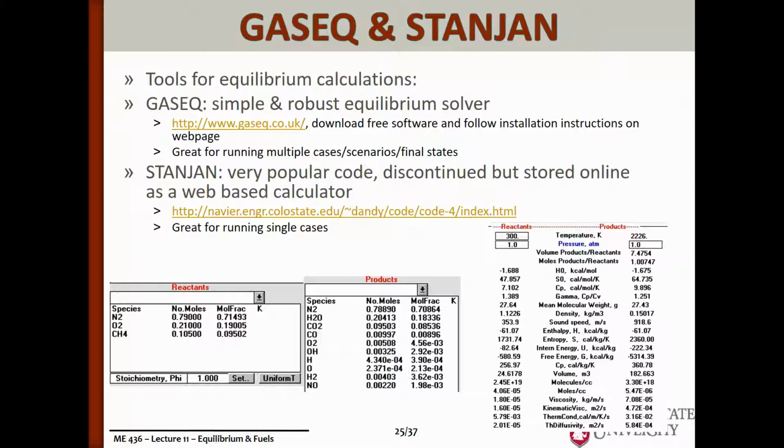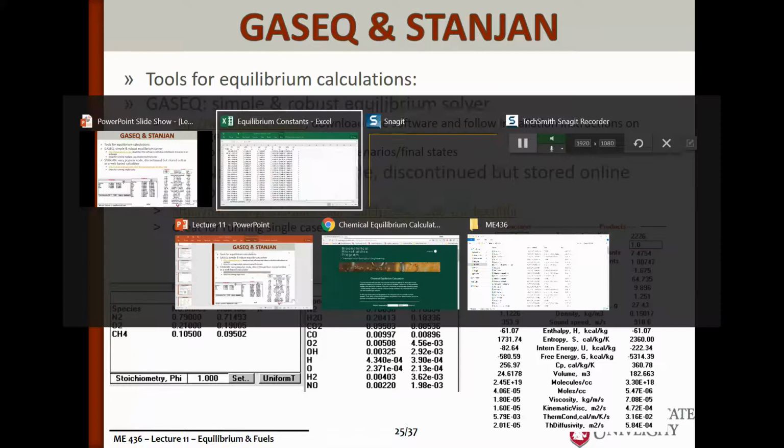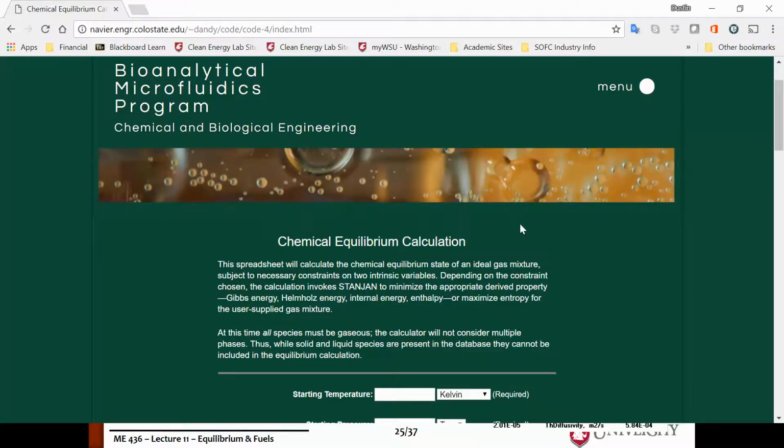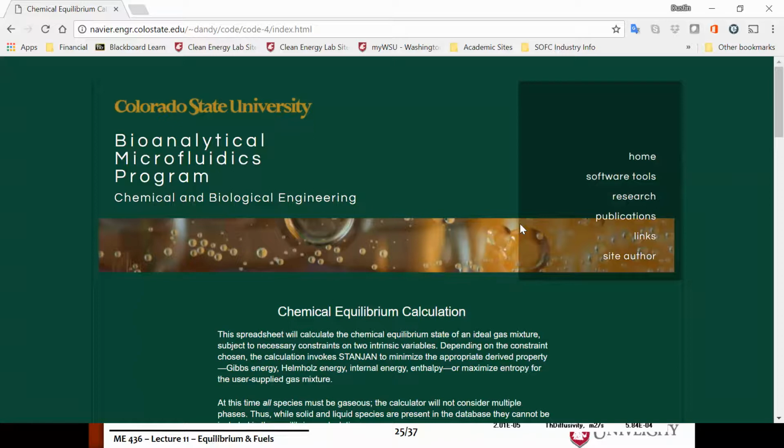So let me show you an example of how we can use one of these online tools to solve for equilibrium. My preference is this one here from Colorado State. So let me pull that up and show you how I would use that. So this is the web page that pulls up.